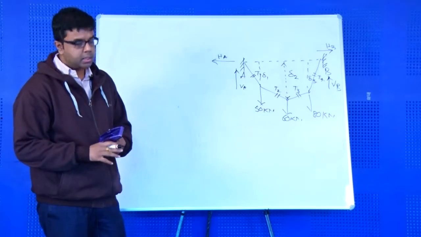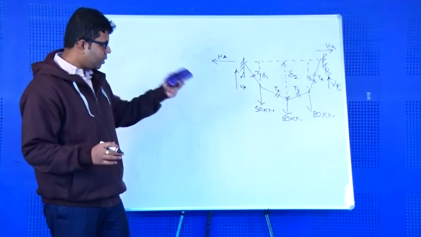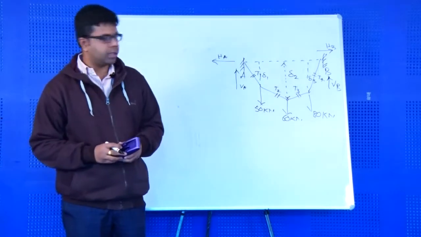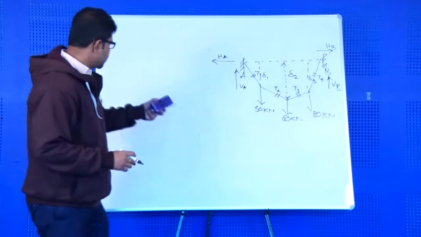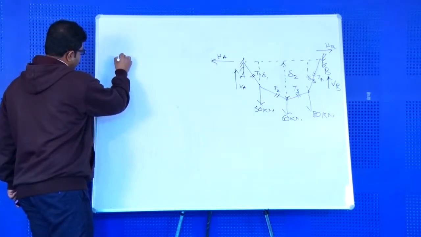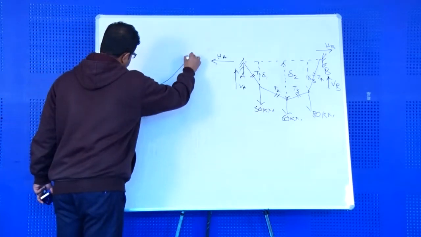In today's class we will solve a very simple problem regarding the tension in the cable. Let us see the problem. Suppose between the two supports this is the cable.